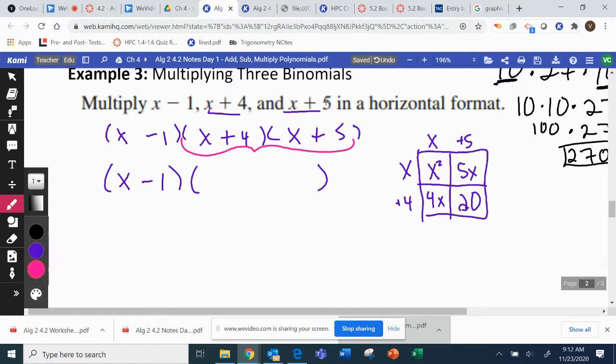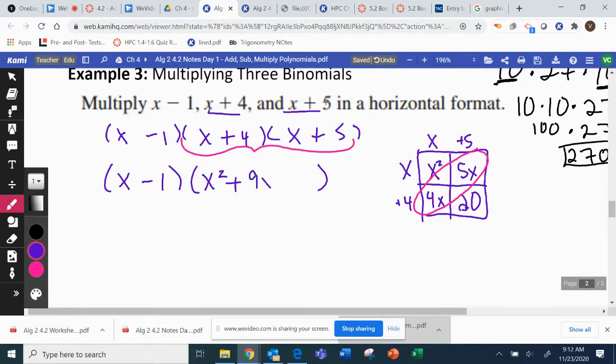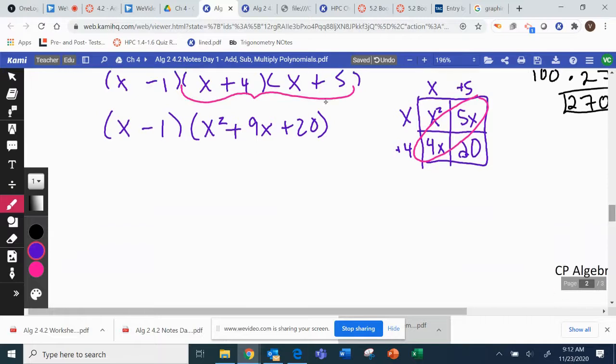When we add those together, we look for like terms. We get x squared plus 9x plus 20. So we get a trinomial. Once you've done that, I did see some of you go further. Once we've done that, we do need to multiply the x minus 1 times the product, x squared plus 9x plus 20. So if you want to do a box method, you can.